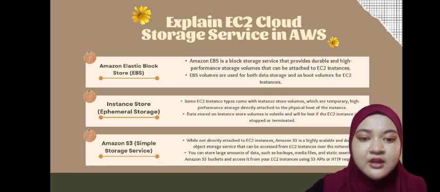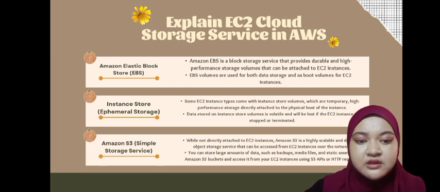Data stored on instance storage volumes is volatile and will be lost if the EC2 instance is stopped or terminated. And Amazon S3, or Simple Storage Service. While not directly attached to EC2 instances, Amazon S3 is a highly scalable and durable object storage service that can be accessed from EC2 instances over the network.